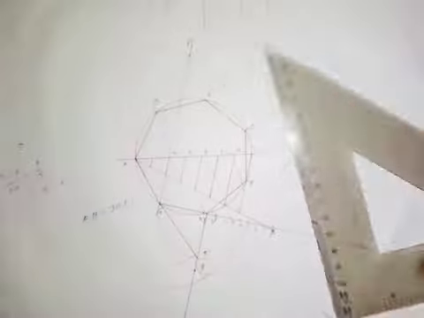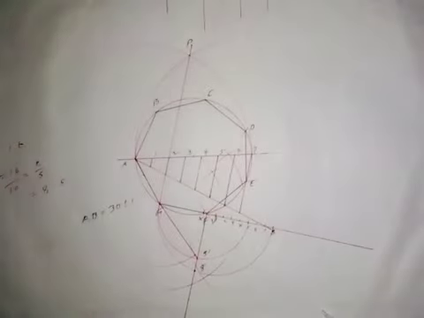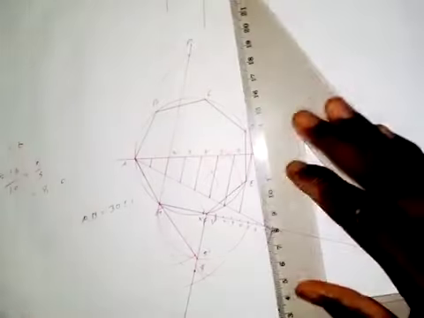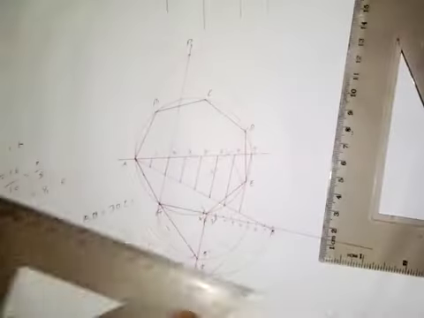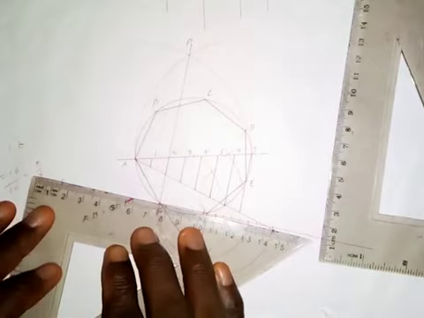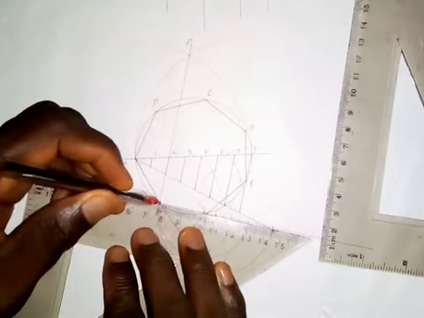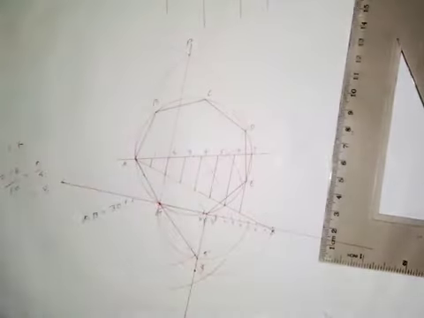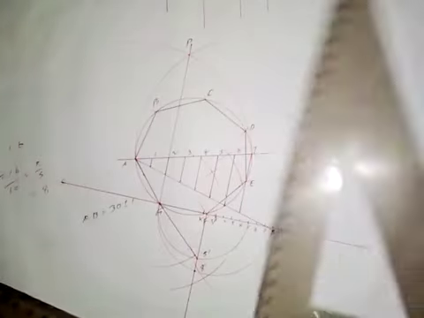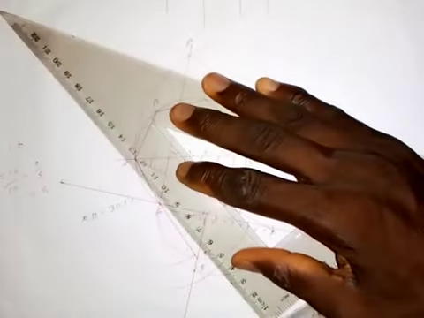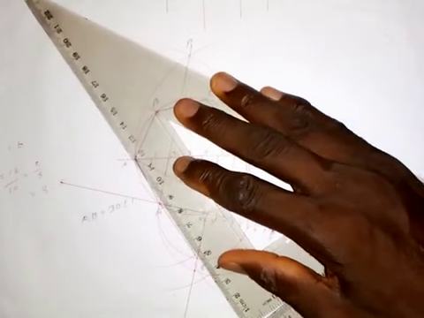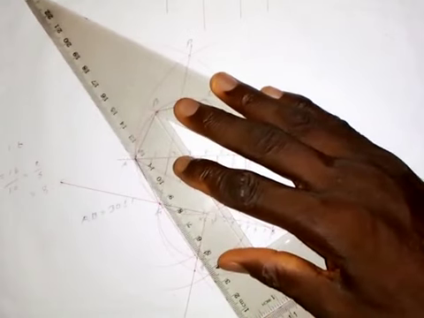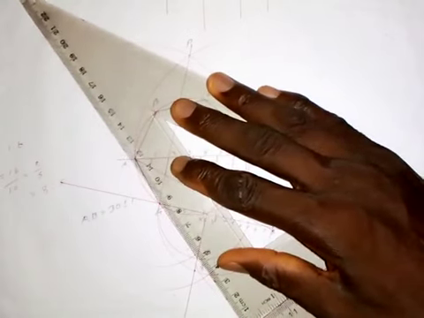The next thing I'm going to do is draw a line. I will also extend this line to the left side like this. Then I will set my set square on this line G8 prime that I just drew, and shift it to 8 prime here.